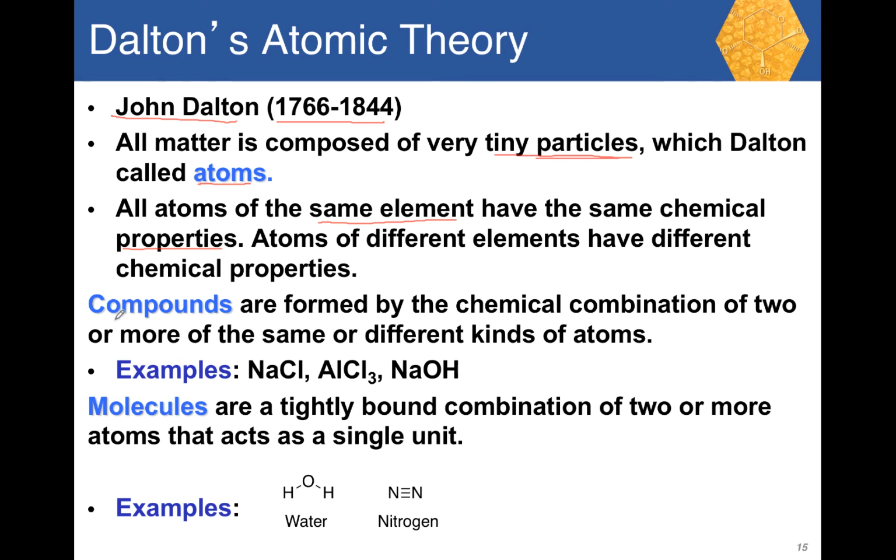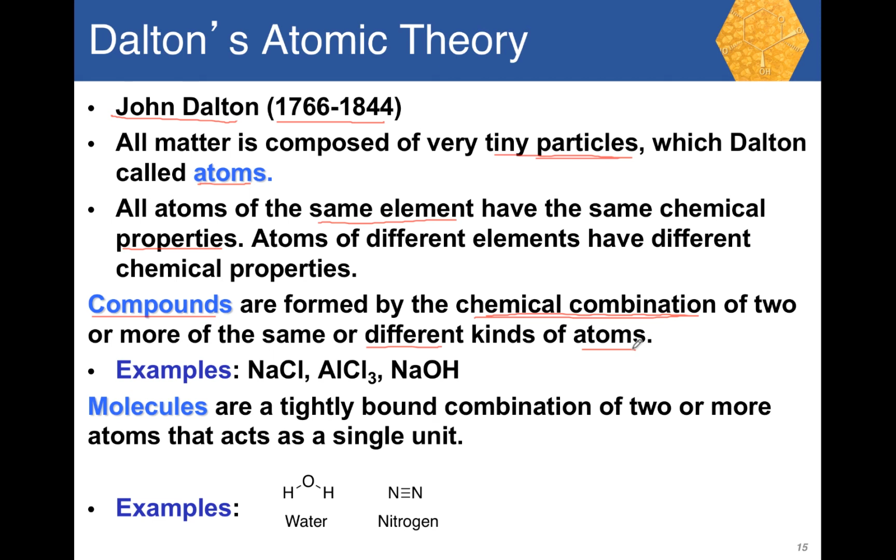Let's introduce another term here, compounds. Compounds are formed from the chemical combination of two or more of the same or different kinds of atoms. So again, we've seen that definition before, the fixed ratio of the different elements.